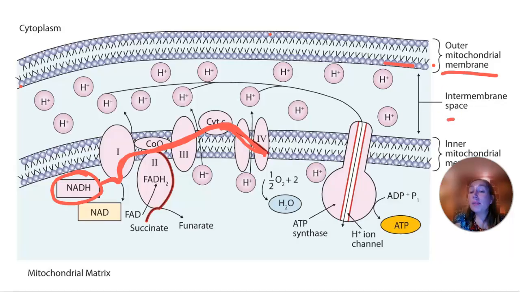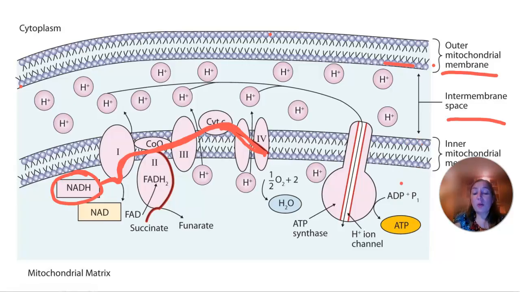In the inner membrane space, we've got all these protons, all these little H pluses. Then we've got an inner mitochondrial membrane, another bilayer with nonpolar tails facing each other and polar heads at the outsides of the membrane.